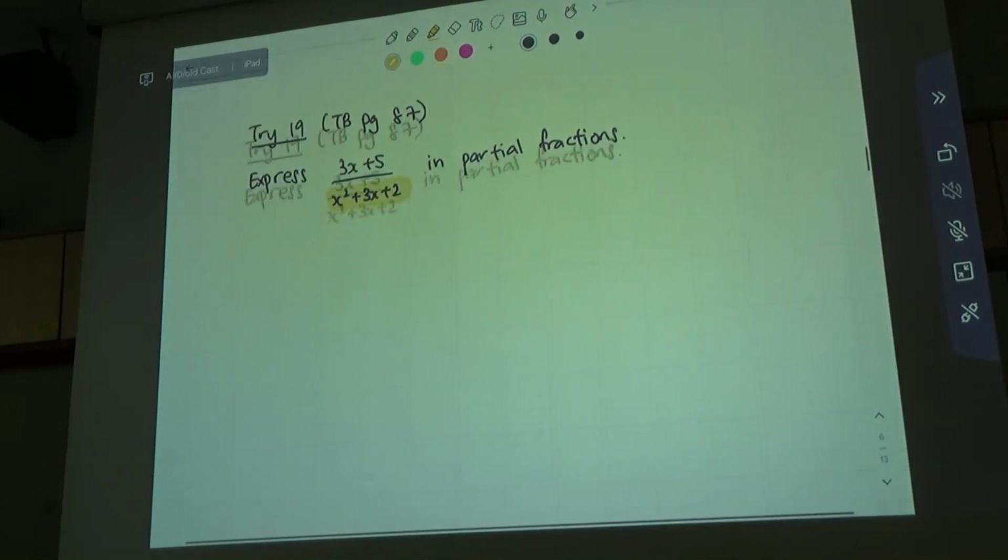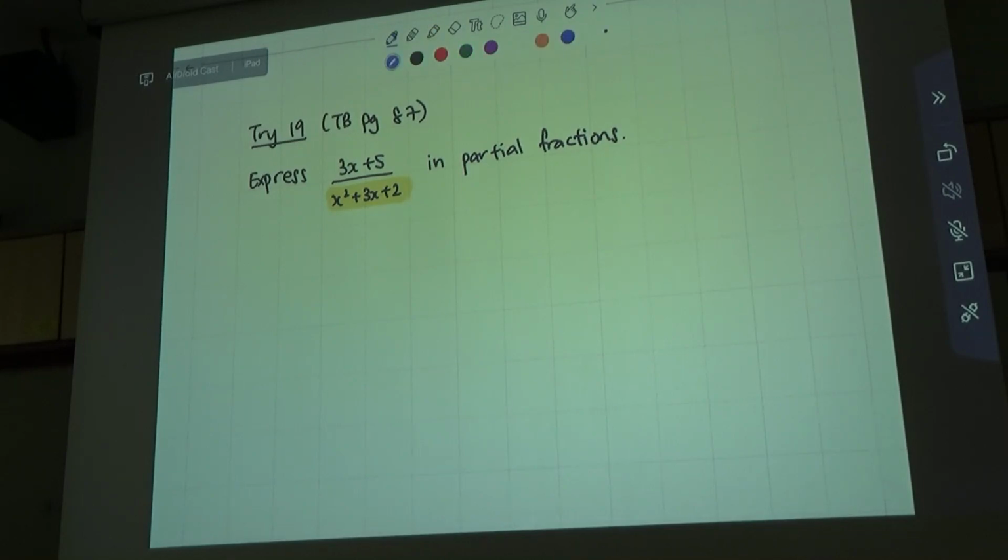For your quadratic expression to factorize, we should be doing our cross method. But of course, if you're highly competent in doing your factorization quickly, you can easily get your x plus 2 and x plus 1 in the denominator.